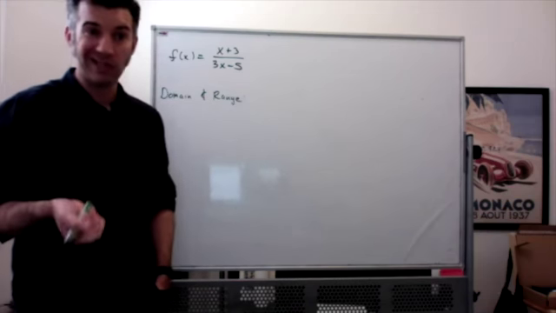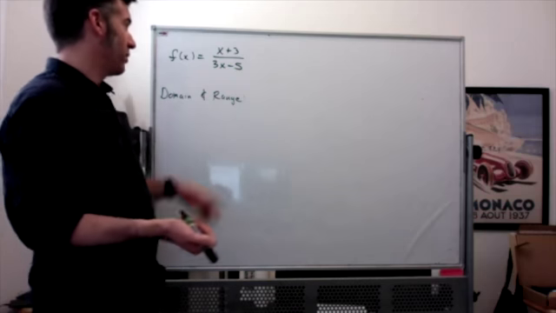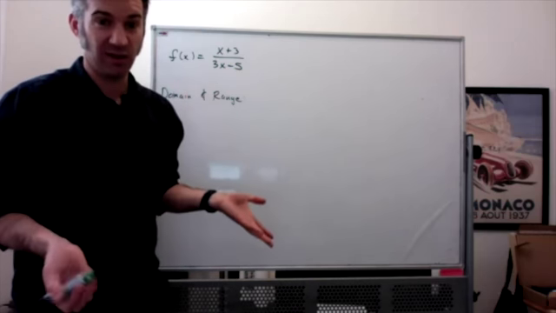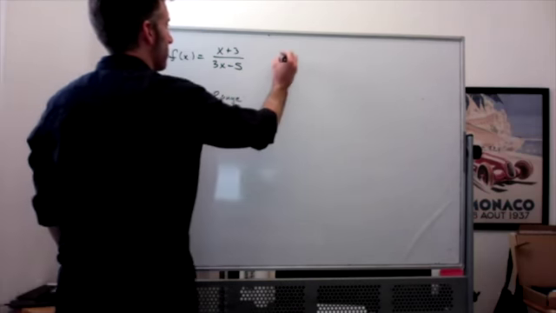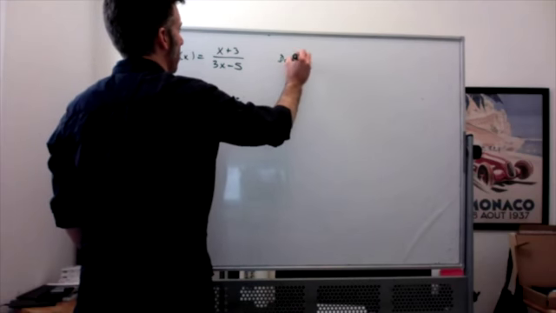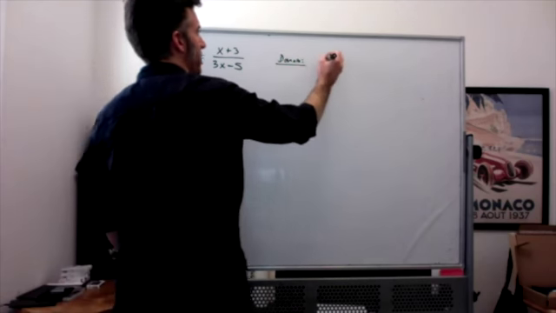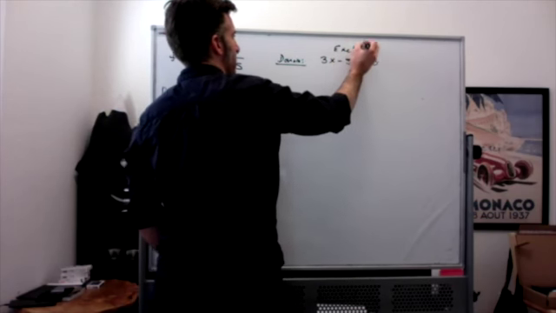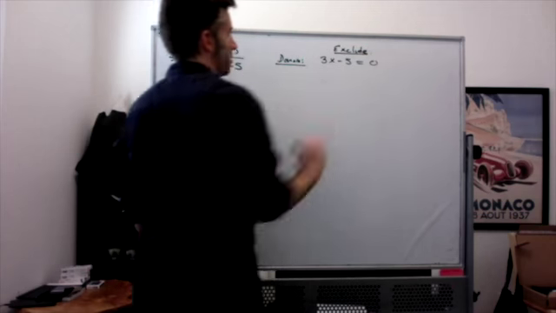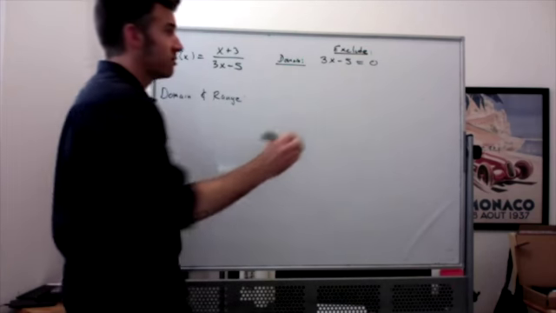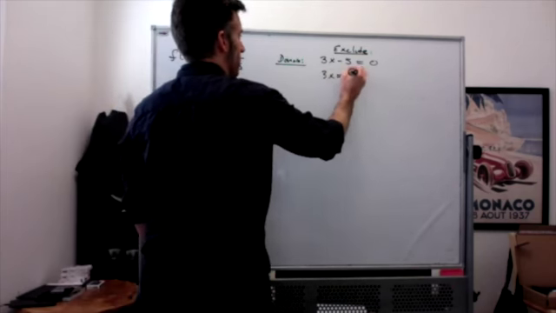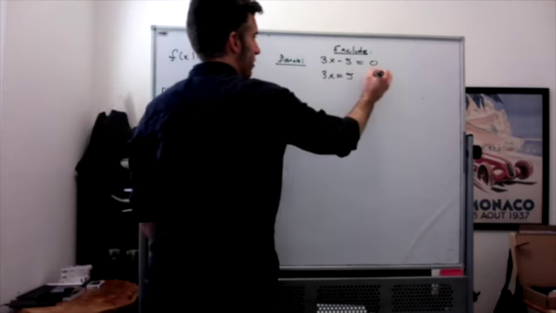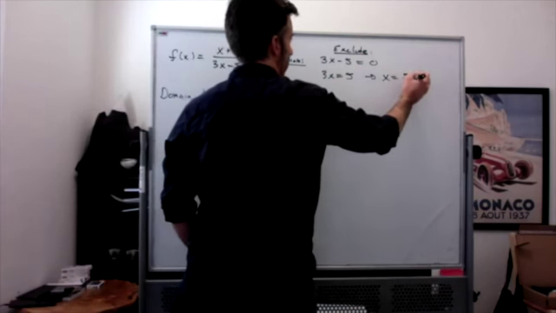Domain should be relatively straightforward, right? We are going to say, well, we can't divide by 0. So for the domain, I need to make sure that 3x - 5 equal to 0 is excluded. So solve this: 3x = 5, x = 5/3.